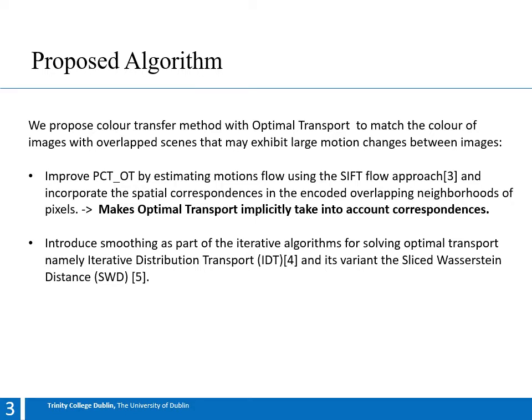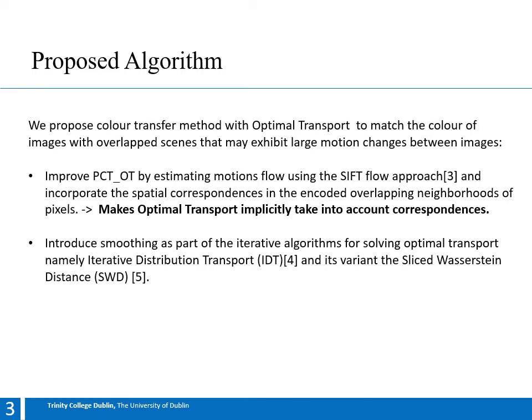We do this by improving the BCTOT method by estimating motion flow using the SIFT flow method. The SIFT flow method estimates dense spatial correspondences by robustly aligning complex scene pairs containing significant spatial differences.